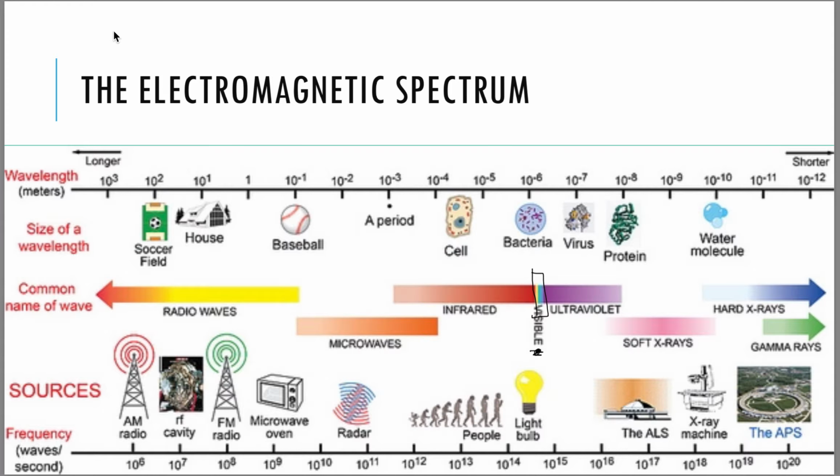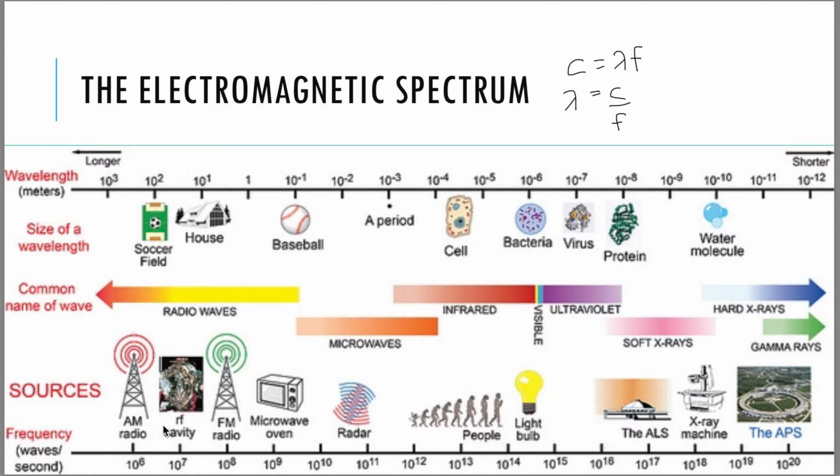Here we have the electromagnetic spectrum. This diagram organizes all the different types of electromagnetic waves by their frequency. If we look at the expression that we just saw, that the speed equals the wavelength times the frequency, since the speed is a constant, we can solve for wavelength, and we get the speed of light divided by the frequency.